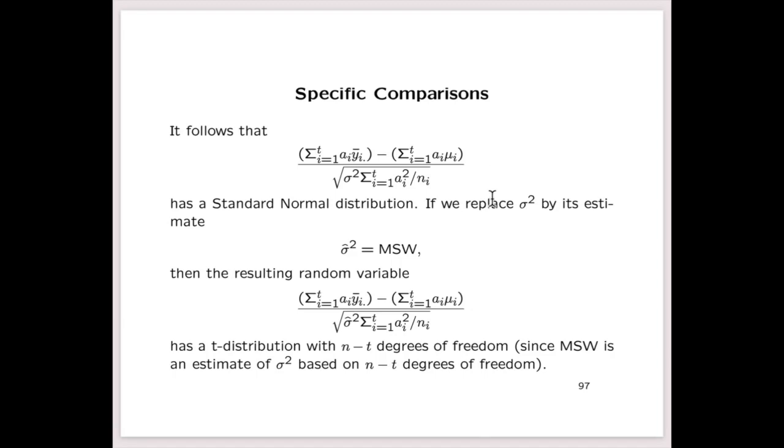And so if we replace the unknown sigma squared by its estimate, sigma hat squared, which is the mean squared within, then the resulting random variable, the studentized version of the linear combination of the sample means, has a t distribution with n minus t degrees of freedom. And the reason it has n minus t degrees of freedom is because that is the number of degrees of freedom associated with the mean squared within, and you'll recall that from the ANOVA table.